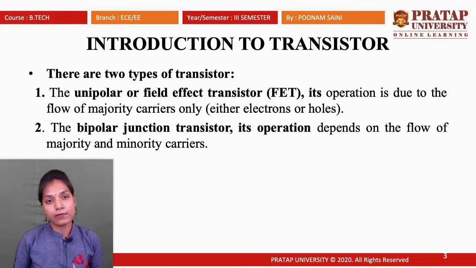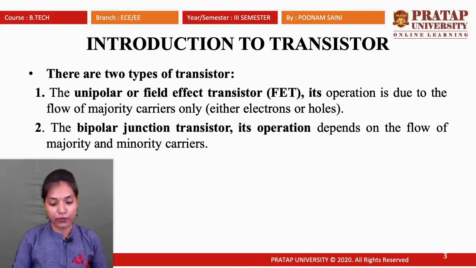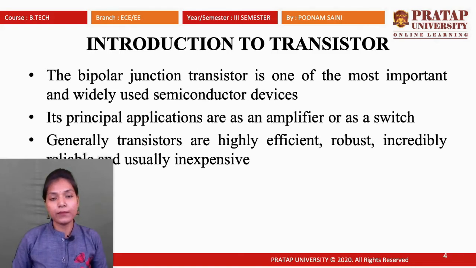Majority charge carriers may be holes or electrons, and minority charge carriers may be the same, holes or electrons. But in a unipolar or field effect transistor, the operation depends only upon the flow of majority carriers, either holes or electrons.